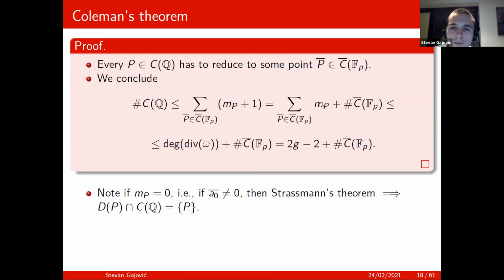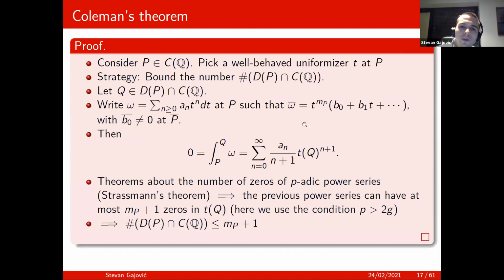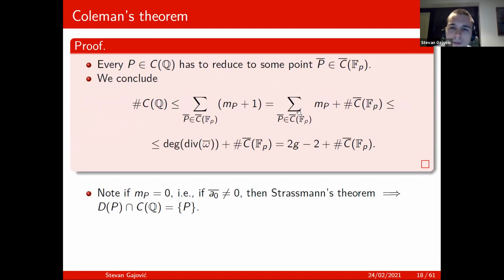As omega is regular, it doesn't have poles, so this sum will be less than or equal to the degree of the canonical divisor coming from omega bar, and the degree of the canonical divisor is 2g minus 2. That is how we get 2g minus 2, and we already said that we have the number of F_p points.